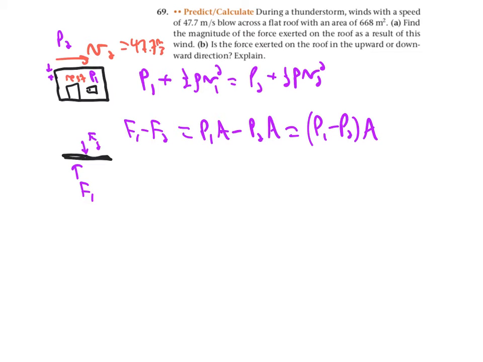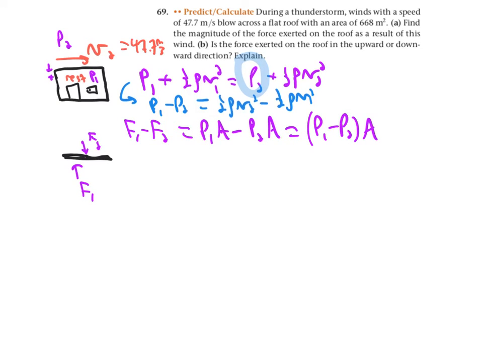And if I go back up to here, bringing P2 over and bringing everybody to the other side to make it work, we get that P1 minus P2 is going to be 1/2 rho V2 squared minus 1/2 rho V1 squared.